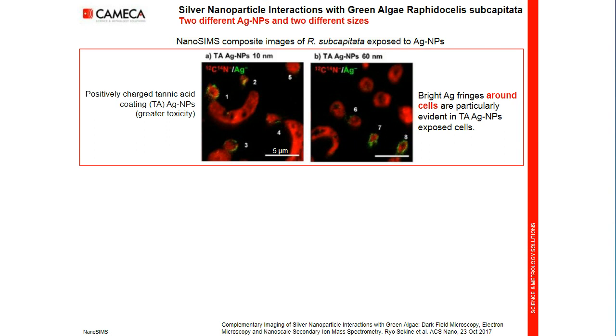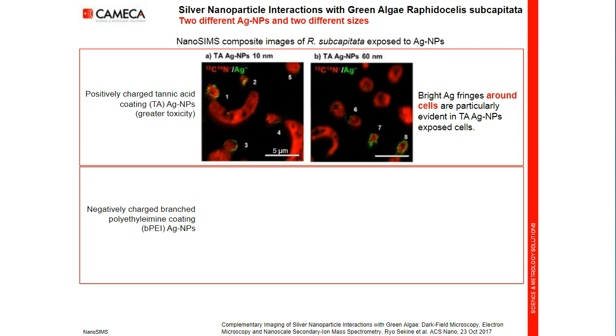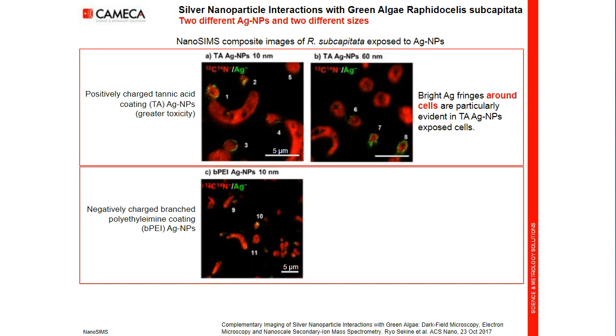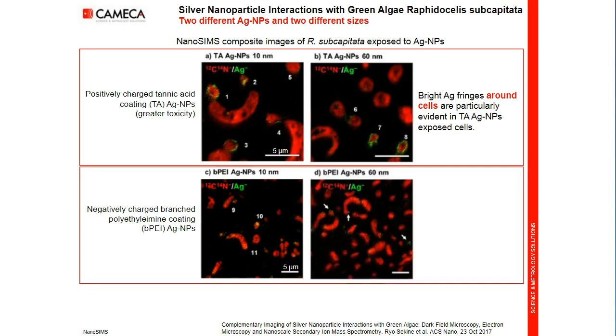Now, with the differently functionalized nanoparticles, polyethylene amine coating, we see for the smallest nanoparticles some internalization of a few particles. And this is true for the smallest and the largest.